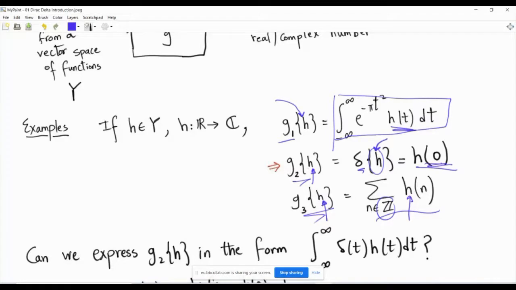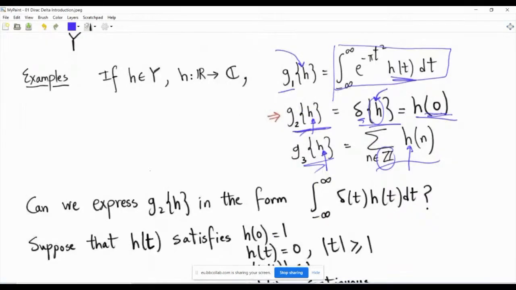Let's focus on this second one, because this will be our hero today. This is a functional that you give a function and it responds with the value of the function at the origin. Can we express this functional in an integral form?